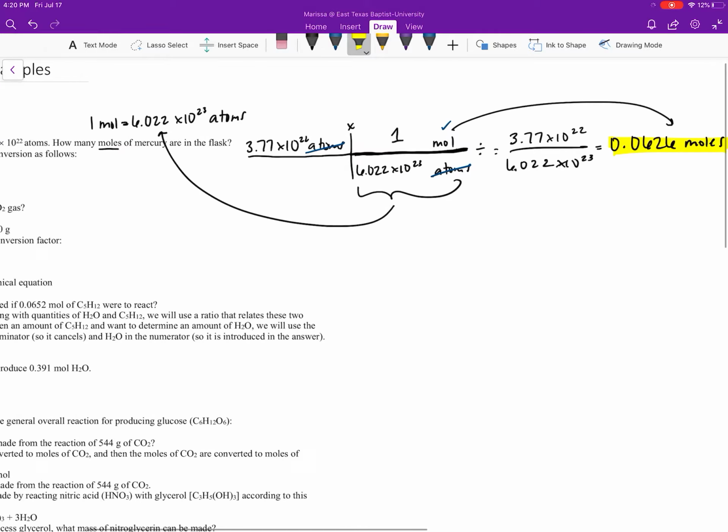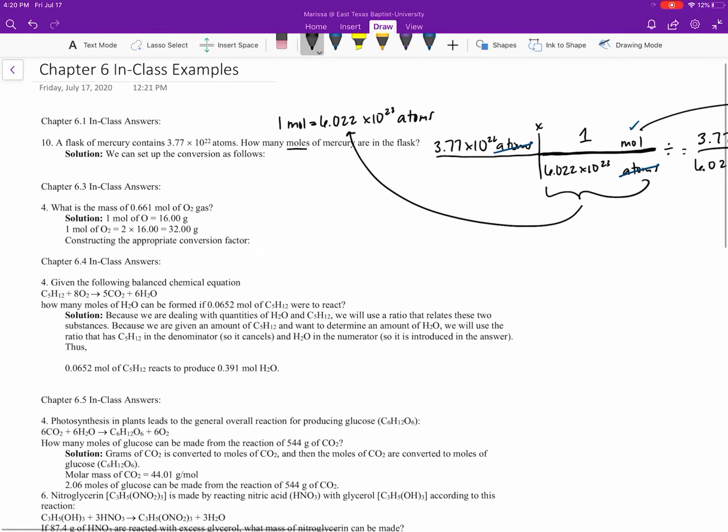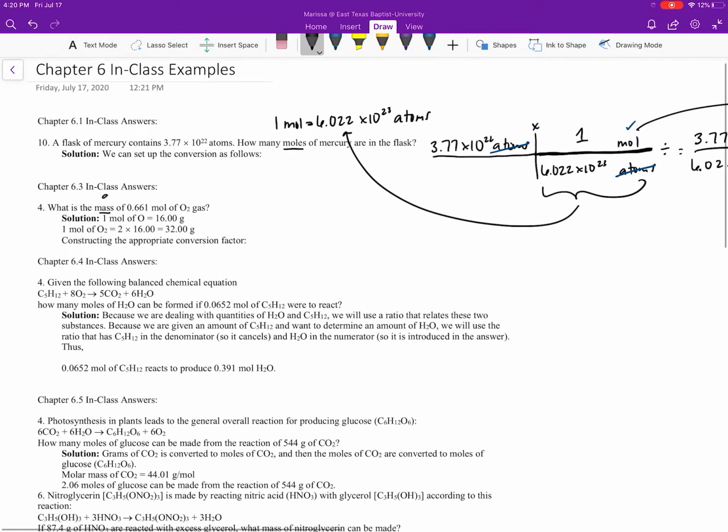So let's practice this with another type of problem, which is what is the mass, this is grams, of this many moles of oxygen gas. So I'm starting with moles, and I need to go from moles to grams.